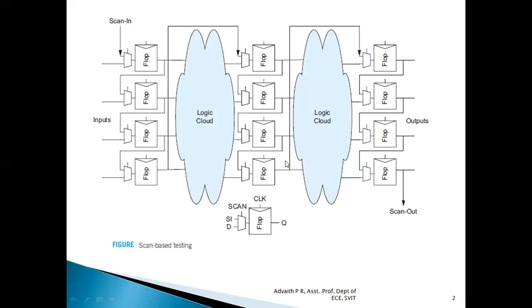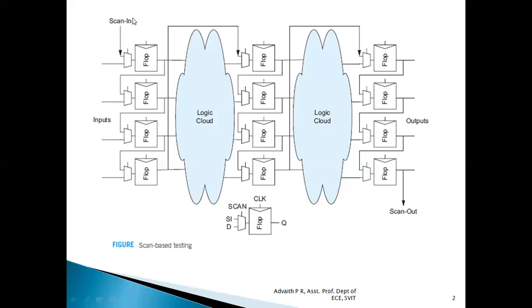In scan mode, the registers are connected to form a giant shift register, which is called a scan chain. By applying n clock pulses in scan mode, all the n bits of state in the system can be shifted out and new n bits of state can be shifted in.